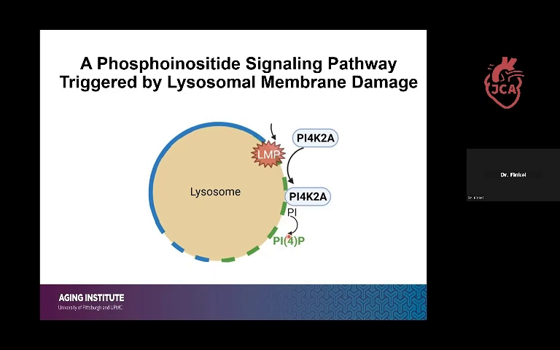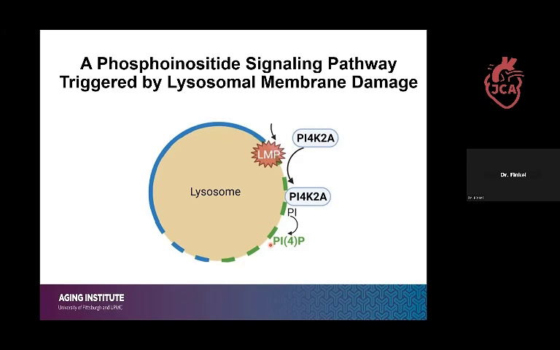And so this is really nice because you have hundreds of lysosomes in your cell, and you only want to repair the damaged ones. So what we're arguing is that this lipid generated on the surface of the damaged lysosome, and only on the damaged lysosome, provides a marker for the cell to tell that this lysosome is damaged because it now has PI4P on the surface that it never had before.